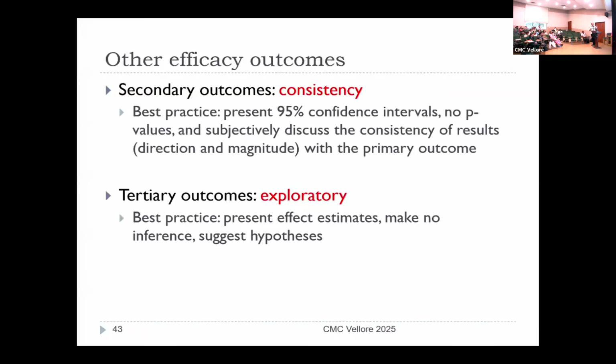Okay? So secondary outcomes, why do we have them? Because we think they are important from a clinical standpoint. And what we are focusing on is the result for the primary, do I see it consistently in the secondary? So I'm looking at consistency.